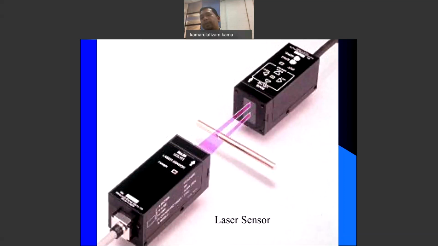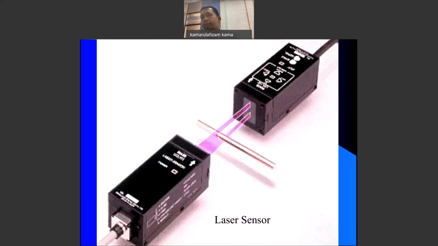This photo or this slide basically shows how a laser sensor is being used to sense the thickness or diameter of a wire. Of course, without the system of instrumentation, you cannot have a human being measure this by themselves. You will find the thickness will be different throughout the process.